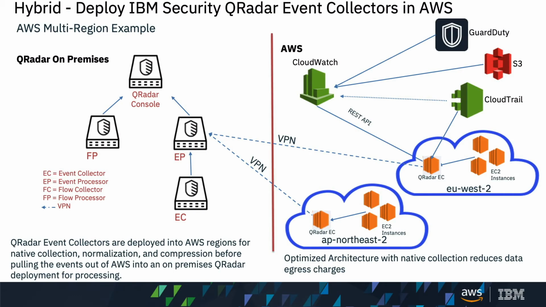As Chris was just mentioning, QRadar has the deployment flexibility to essentially join you on your journey to cloud. In this particular case, we're showing this would be an early phase of that journey where the primary QRadar deployment is on-premise or in a traditional data center, but you're doing collection from the cloud. And there are a couple ways to approach this depending on how far into the cloud your applications and services are.